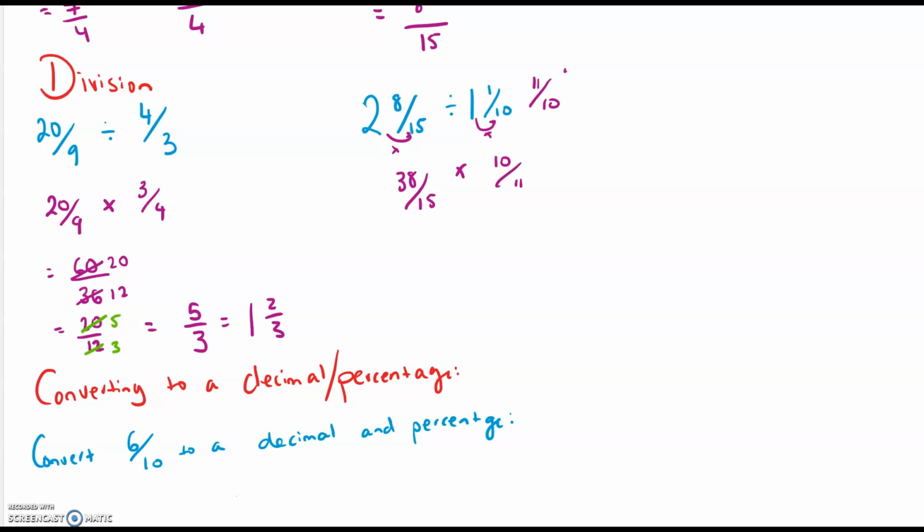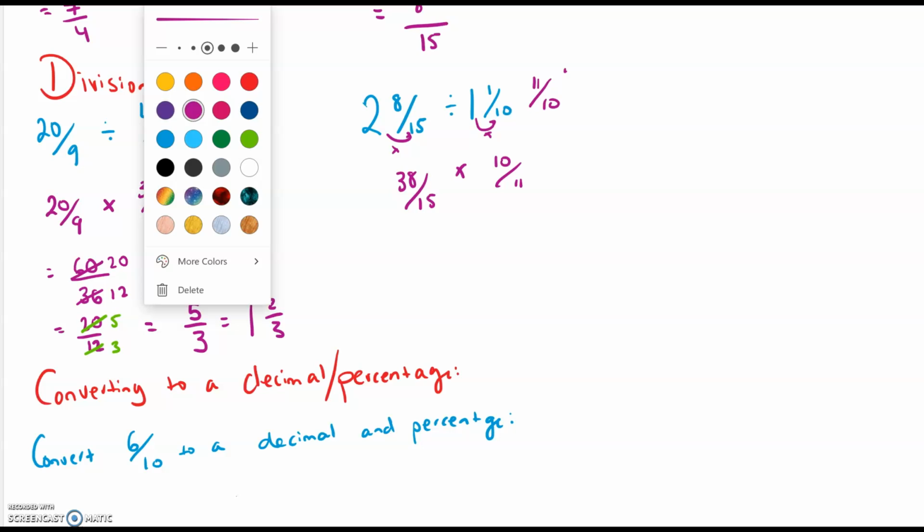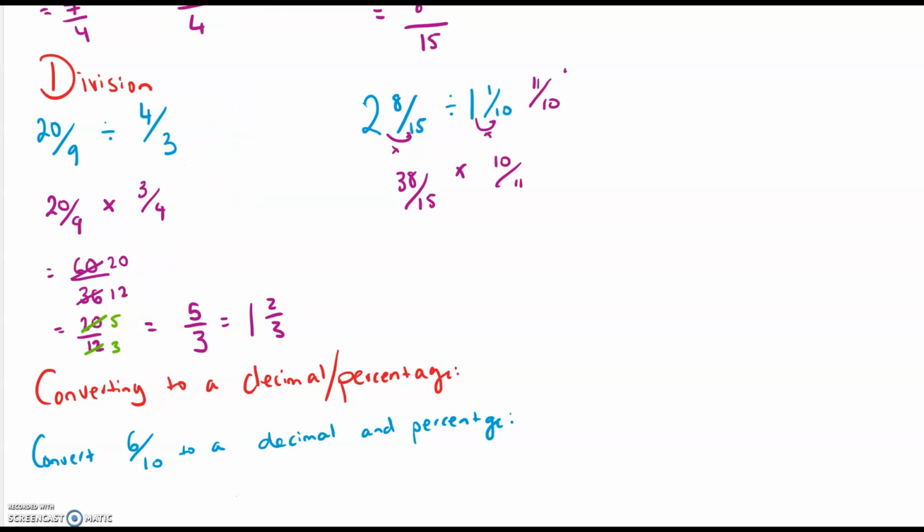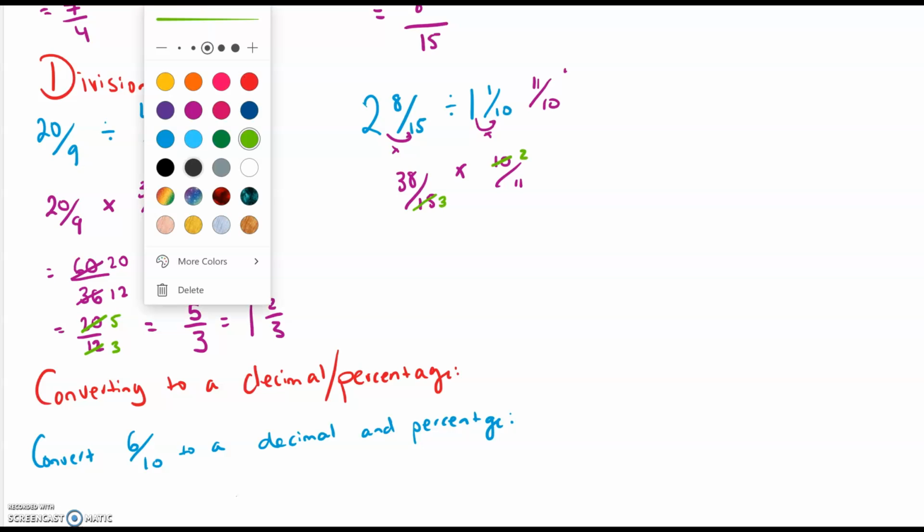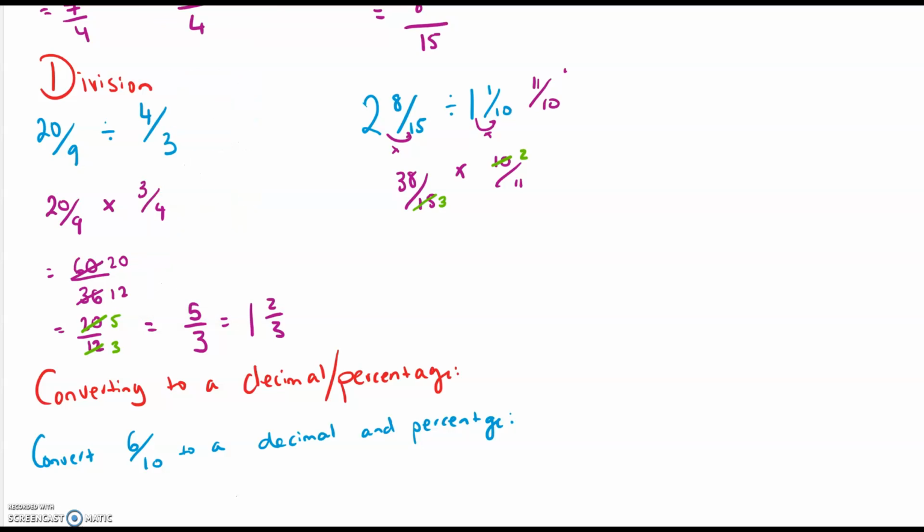Okay, now in this case, I'm going to simplify this down diagonally. Again, I could have done it in this one if I wanted to, but I just thought I'd do it the other way. So 10 and 15, they have a common factor of 5. So 5 goes into 15 3 times, 5 goes into 10 2 times, and now I can work this out.